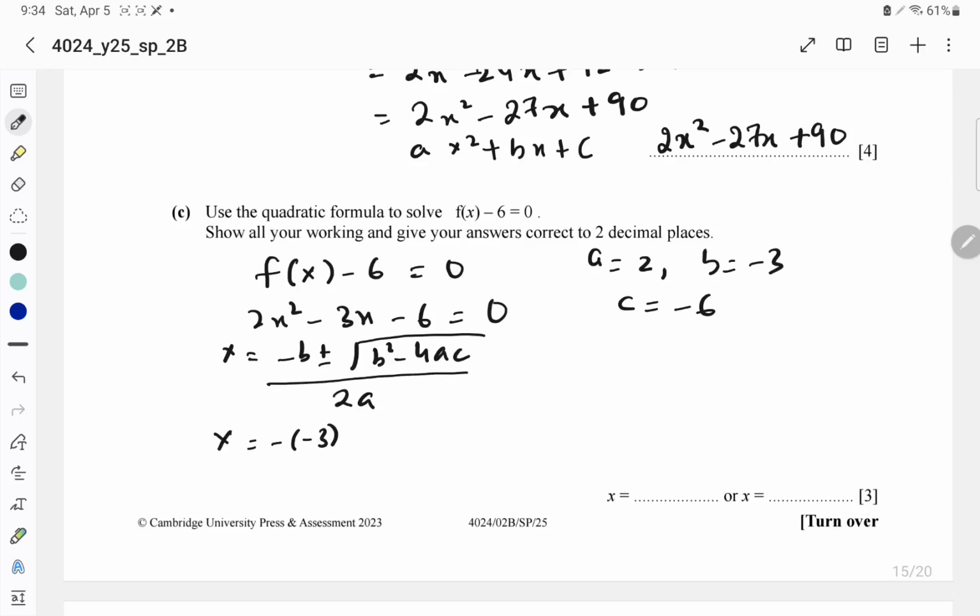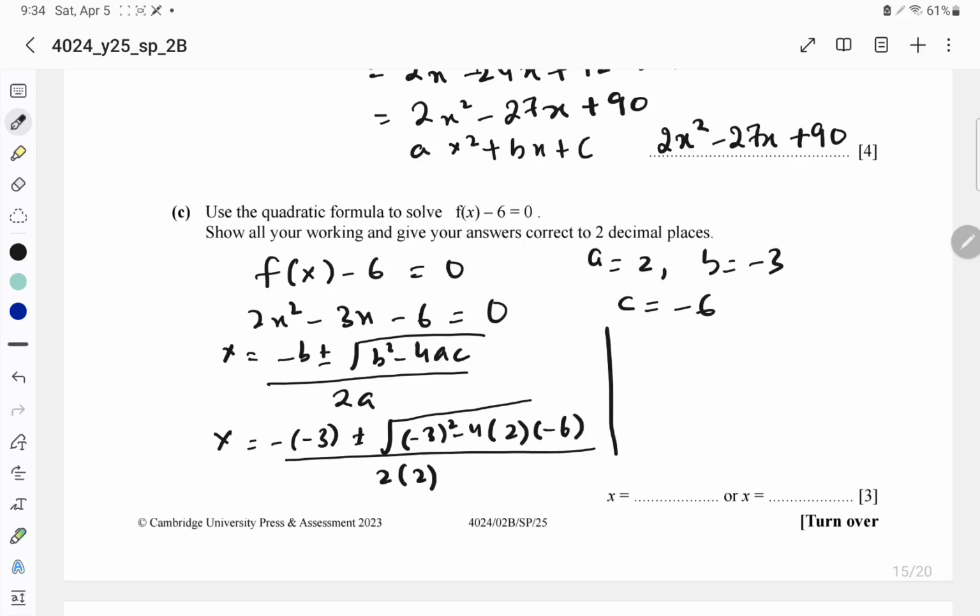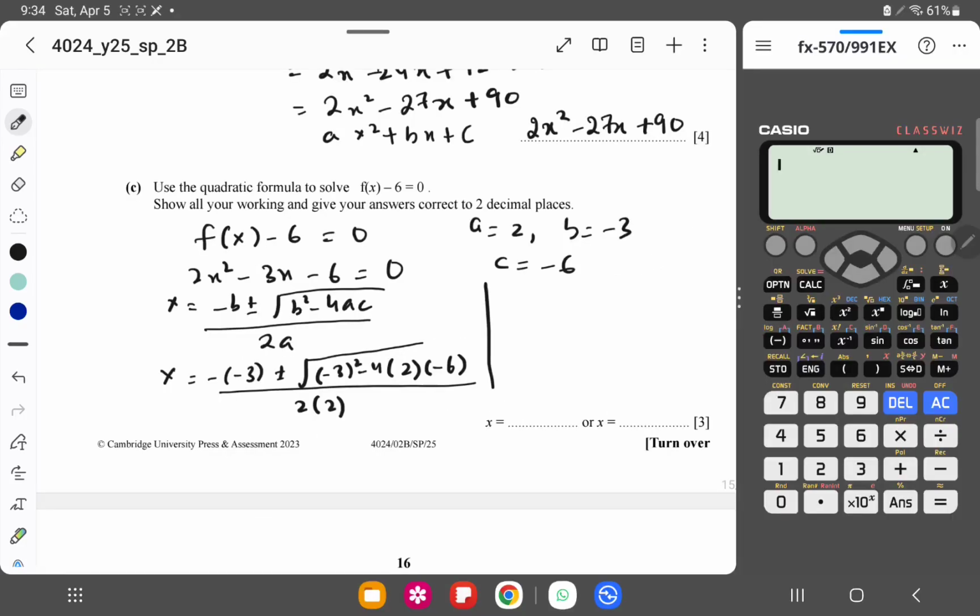Minus of minus 3, and then substitute the values, that is plus or minus square root of minus 3 squared minus 4 times 2 times minus 6, upon 2 times 2.